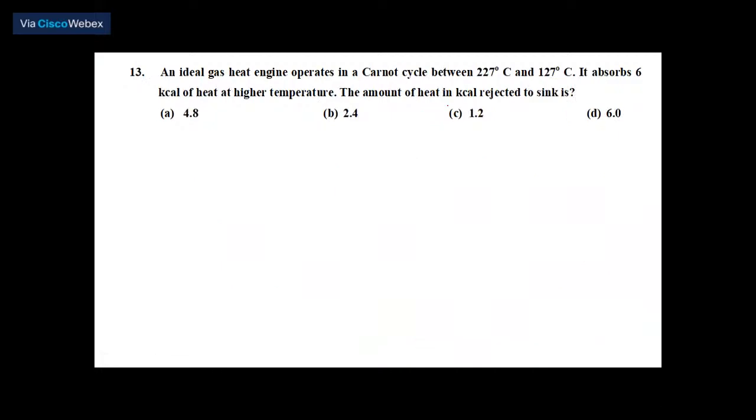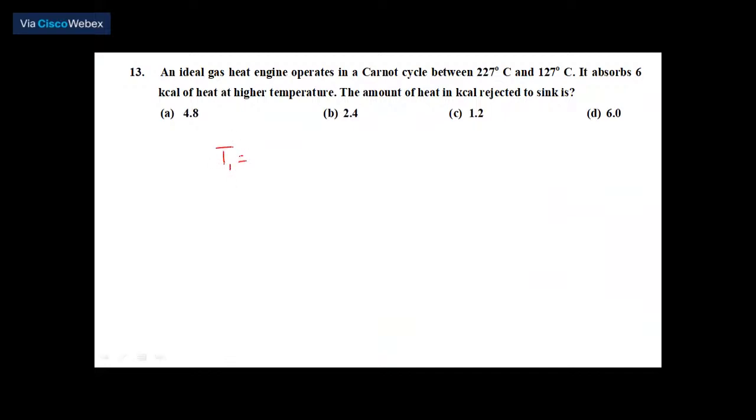Question number 13. An ideal gas heat engine operates in a Carnot cycle between 227 degrees Celsius and 127 degrees Celsius. So the temperatures of source and sink are given.